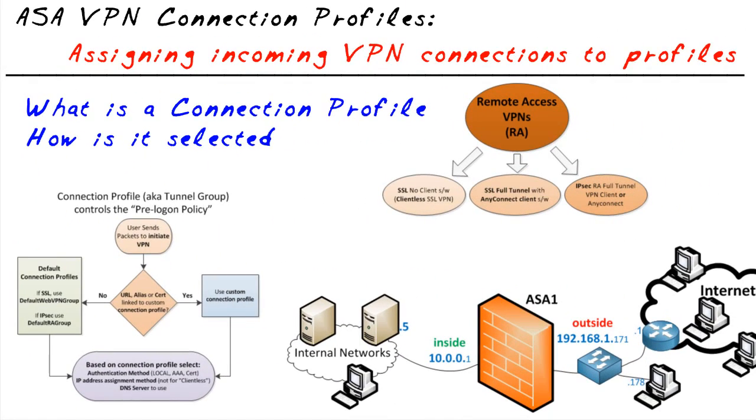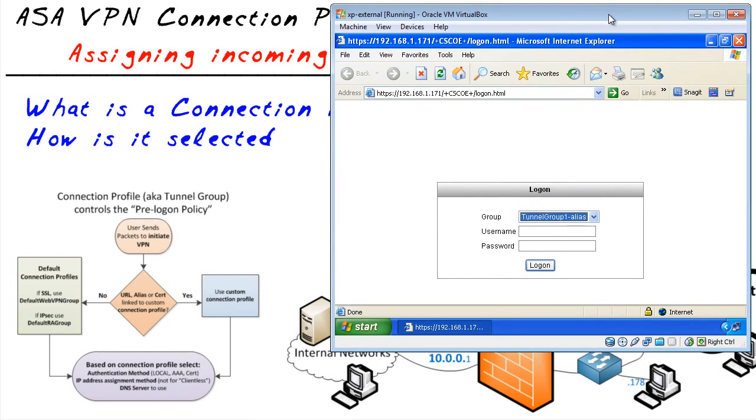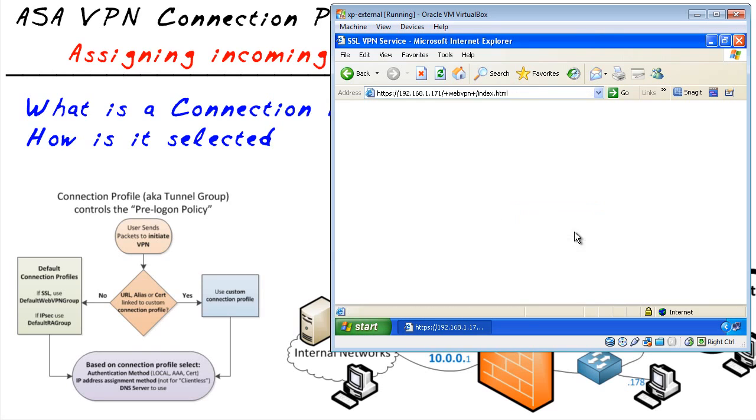To demonstrate this, let's take a look at a user at this machine right here who's going to connect and be given a list of options from the drop-down list as far as which connection profile to choose. I happen to have a current ASA set up. We've connected to the global address, and we are going to select Sales Connection Alias. That's an alias for the connection profile, and we'll go ahead and log on with the username of Sales User and the correct password.